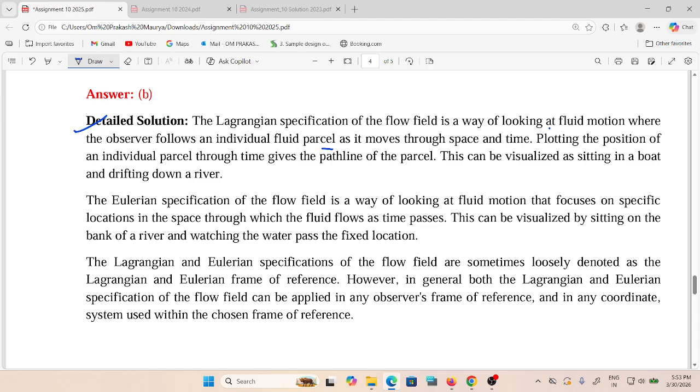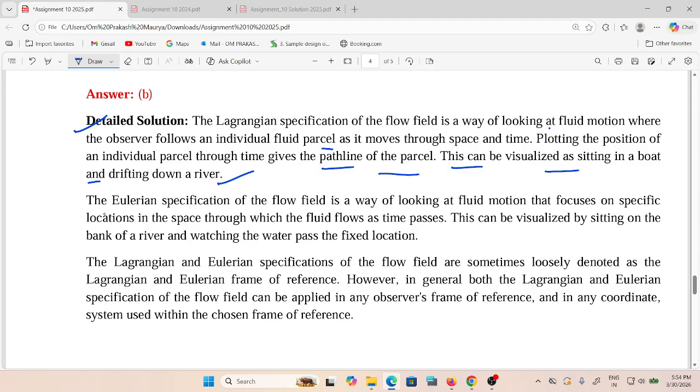Plotting the position of the individual parcel through time gives the path line of the parcel. This can be visualized as sitting in a boat and drifting down a river.